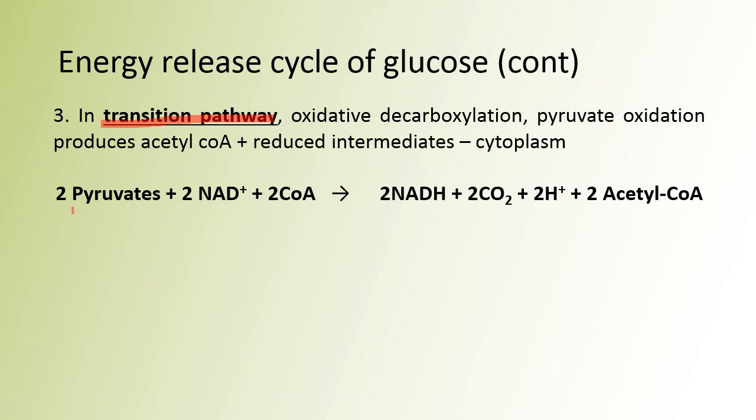The 3-carbon pyruvate will undergo oxidative decarboxylation into a 2-carbon acetyl group, and it produces 2 carbon dioxide. Actually, what happens here is the 2 acetyl groups are attached to coenzyme A to form acetyl coenzyme A. Acetyl coenzyme A is a key precursor of metabolites. The reaction also produces 2 NADH and 2 hydrogen ions.